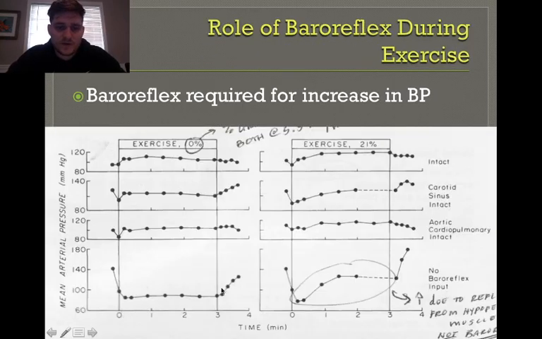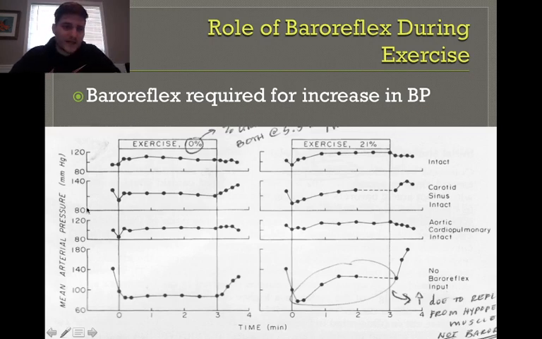So we'll just notice first that you have two separate graphs. This one says exercise 0%, and then this one says exercise at 21%. And what we're observing is changes in mean arterial pressure during low intensity exercise. So that's going to be this graph to the left here. And then during high intensity exercise, looking at this graph to the right.